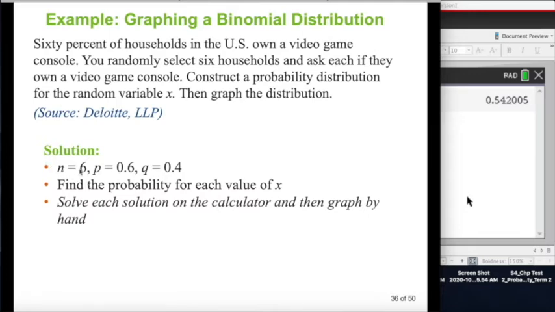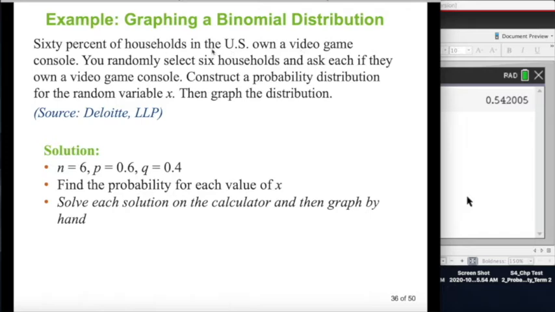Here the number of trials is equal to 6, because in the example it says you randomly select 6 households. The probability of success is equal to 0.6, which is given there: 60% of households in the US own a video game console.